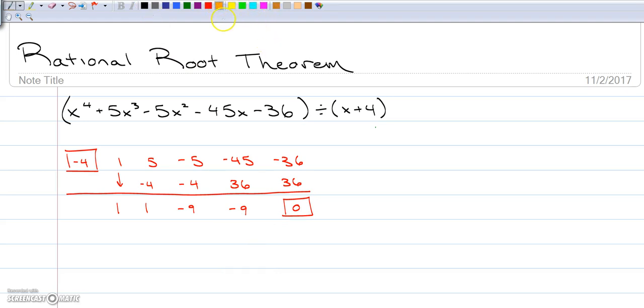What that tells me is that if I had gone in the very beginning of this process and went to go find f of -4, it would be 0. The remainder is actually going to tell you what is the function value at that point. So whenever we get 0, that's actually a really good thing.